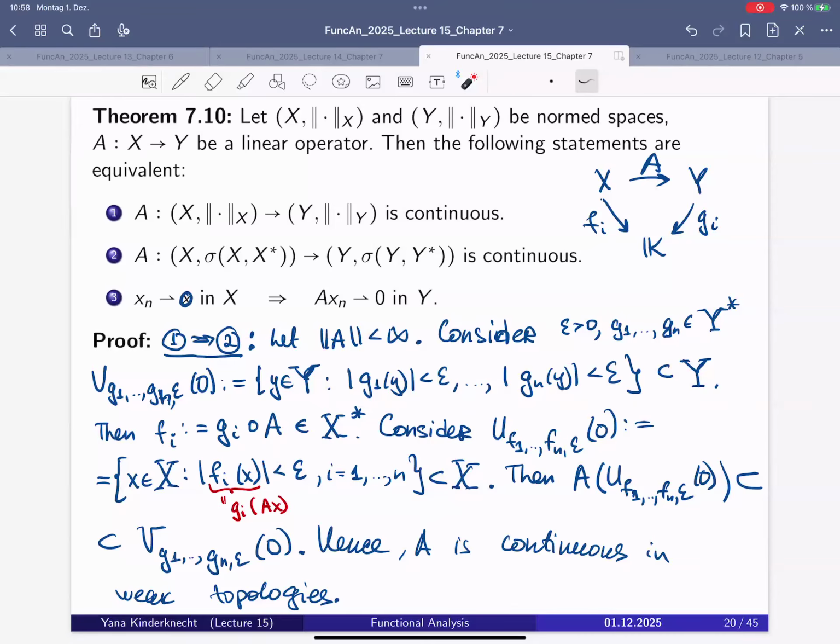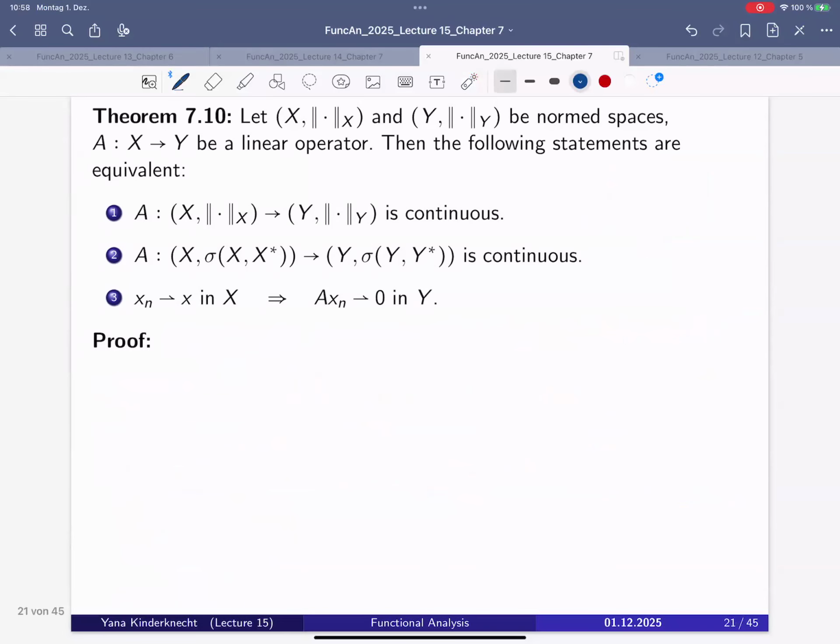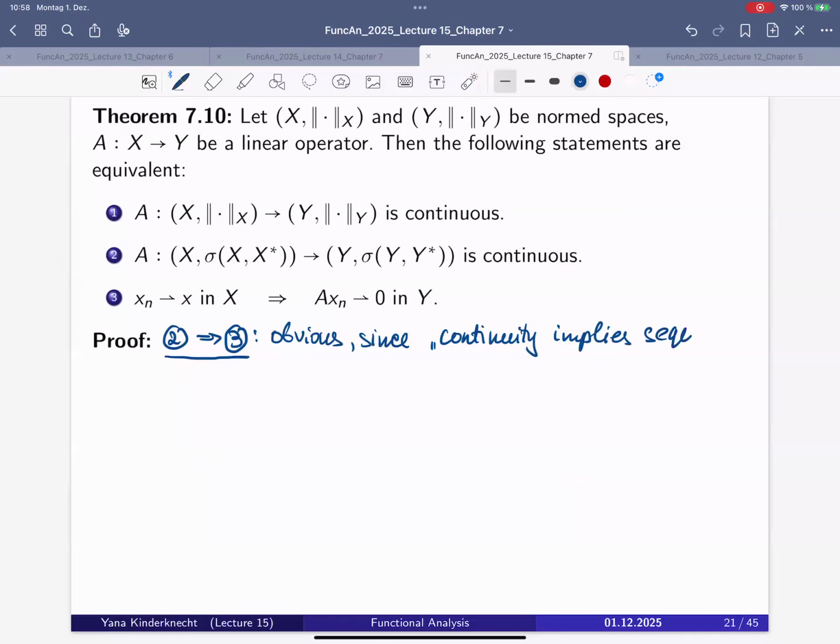Yes, please. So let us show that 2 implies 3, but it is actually obvious, since continuity implies sequential continuity.